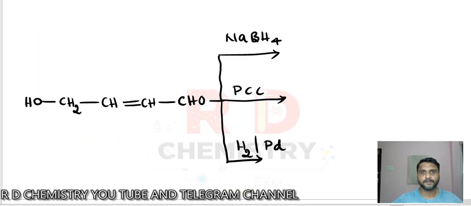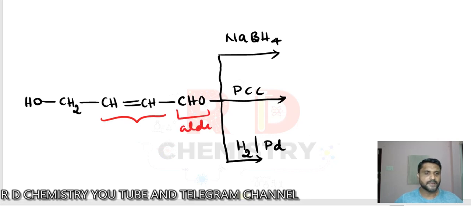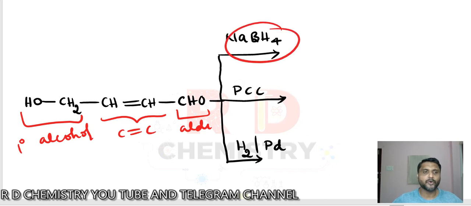Clear? Next one, we have a carbon-carbon double bond, an aldehyde, and an alcohol. Remember, it is a primary alcohol. Sodium borohydride: among the three types of group, primary alcohol, carbon-carbon double bond, and aldehyde, it converts the aldehyde, because this is a reducing agent.